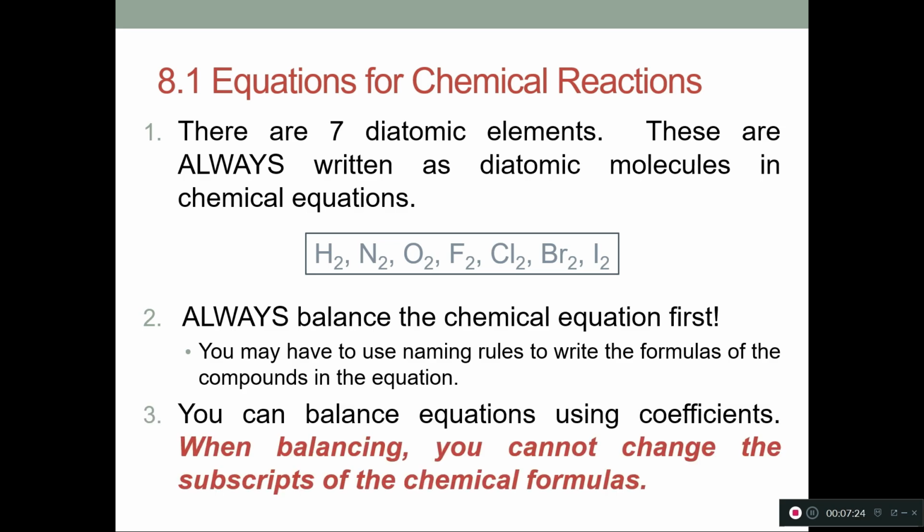And you can balance the equations using the coefficients. So once you know what the compound is, something like CuCl2, you would not be able to just write it as CuCl3 and change the subscript in order to try to balance it. You would have to balance it by changing the coefficients in our chemical formulas.